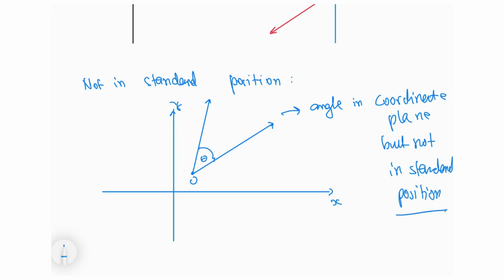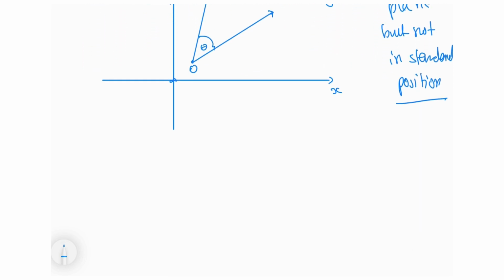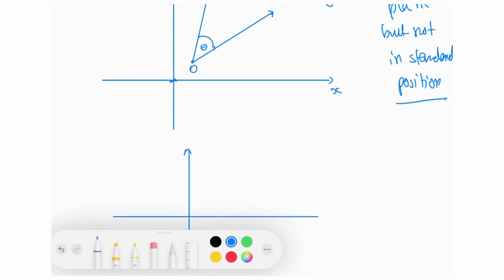Why? Because neither is the vertex of the angle at the center, nor is the initial ray placed on the positive part of the x-axis. Furthermore, we have it like this.